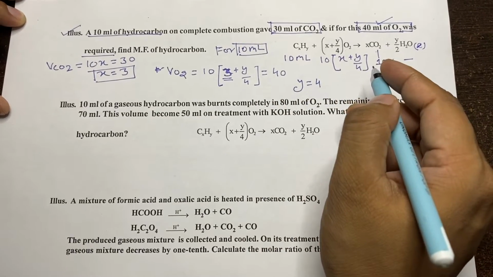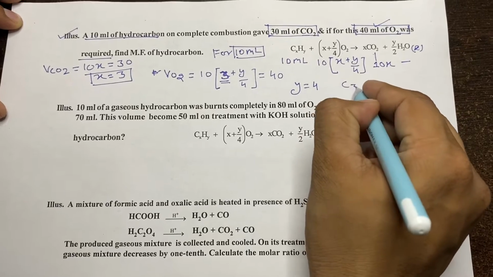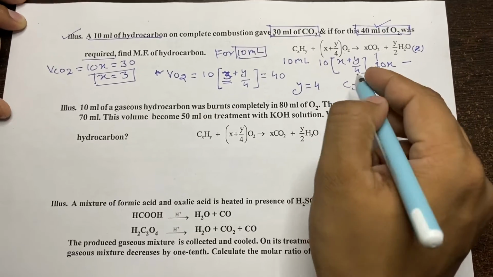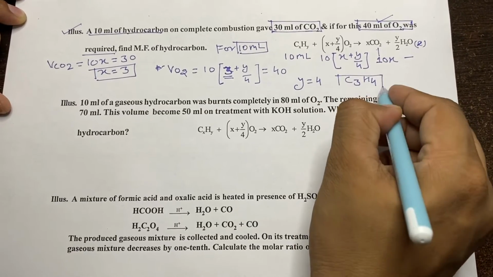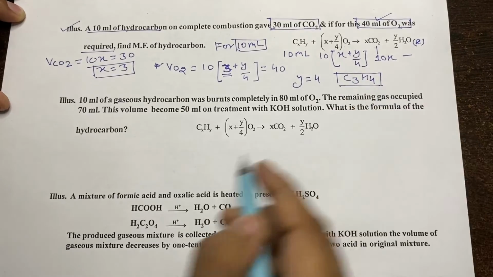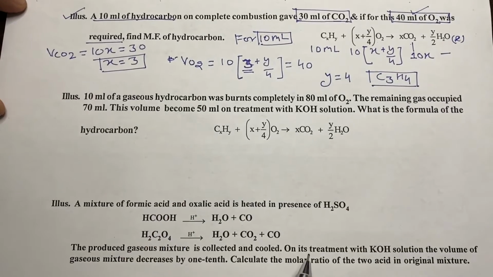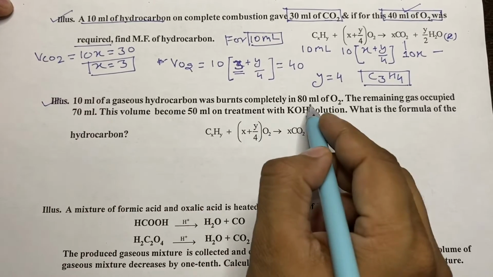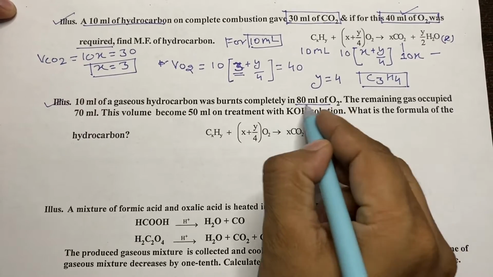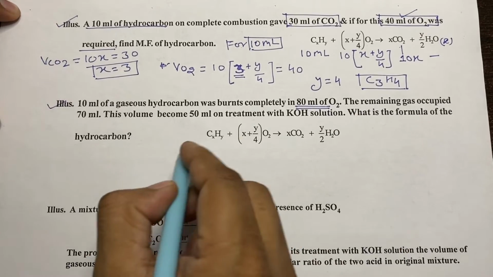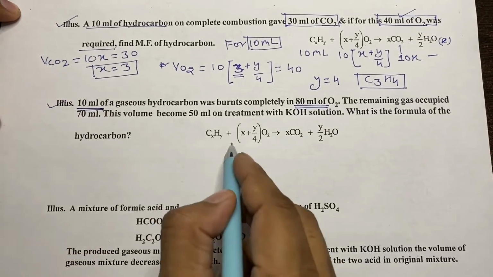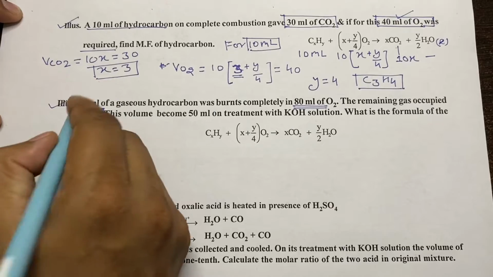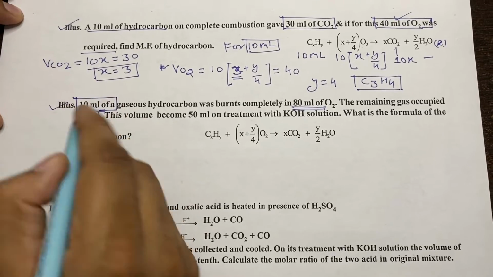So the formula of the hydrocarbon will be C3H4, right? We can take one more question on this: 10 ml of gaseous hydrocarbon was burned completely in 80 ml of oxygen. Again, we will write the equation first for one volume, and the volume of hydrocarbon is given as 10 ml.